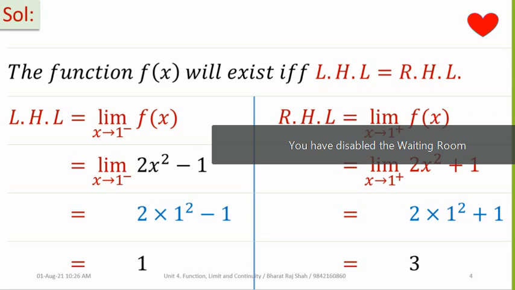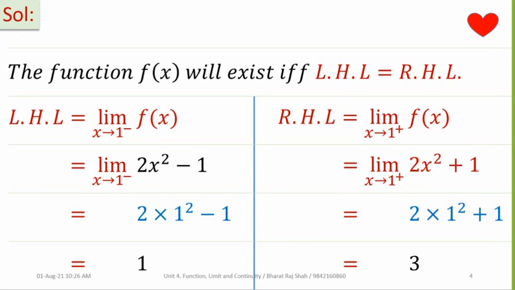Are they equal? The left hand limit comes to 1 and the right hand limit comes to 3, and therefore they are not equal. Since the left hand limit is not equal to the right hand limit, what conclusion can you give?